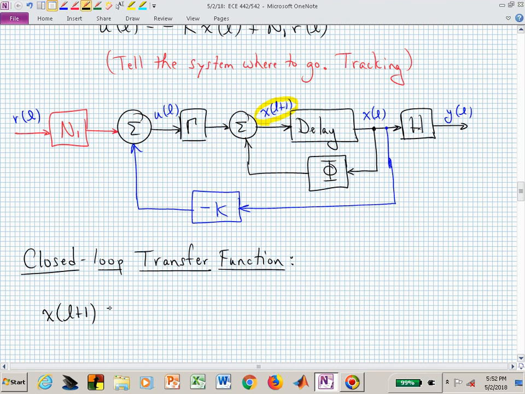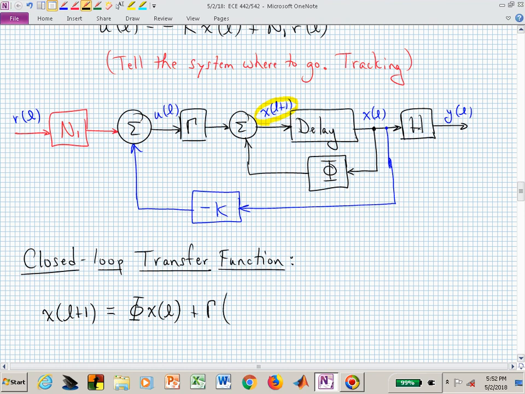One of those input signals is simply phi x of L, and the other one is plus gamma, and now we slide back and ask what makes up u of L. It's really gamma u of L, but let's insert what u of L is equal to, which we can write from 6 o'clock to 9 o'clock, going around in clockwise fashion.